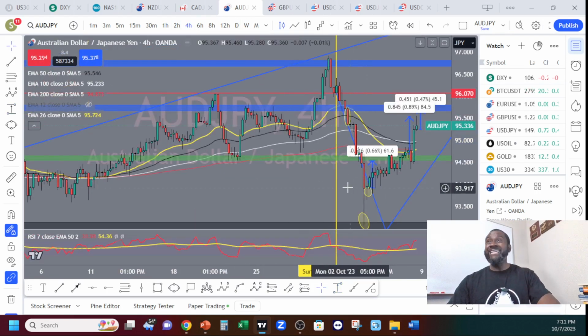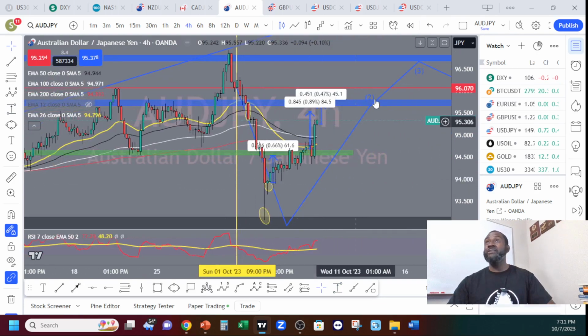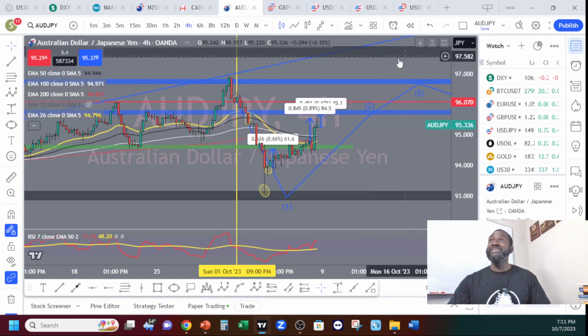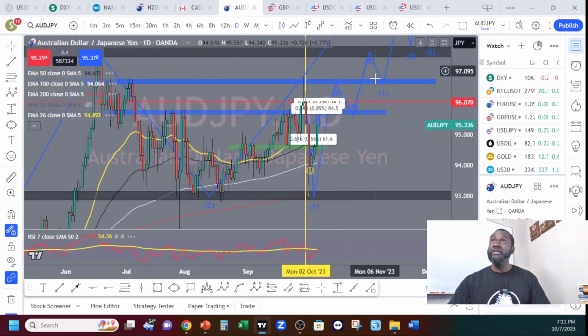So the analysis we have is still good. Price will touch here, and this is its destination way up here. As we can see, we have the daily still good, telling us price will get to that.